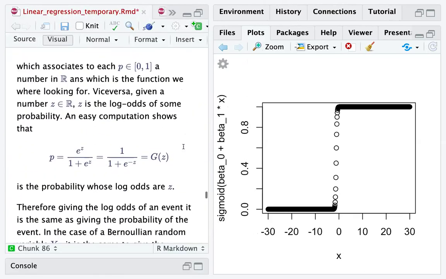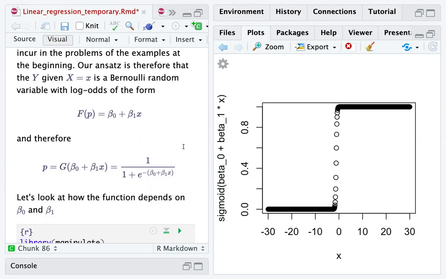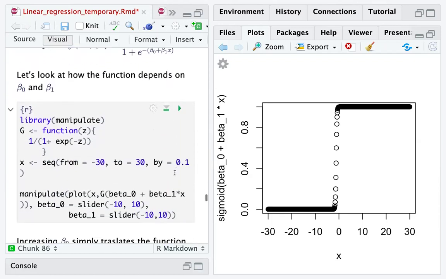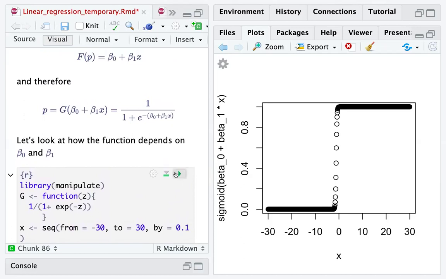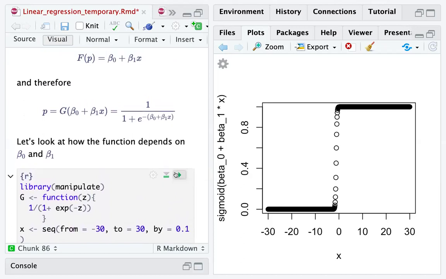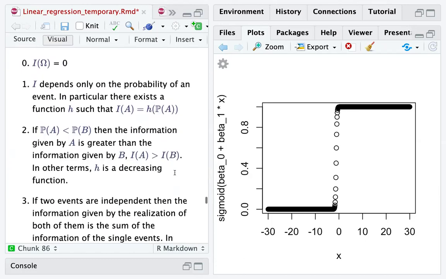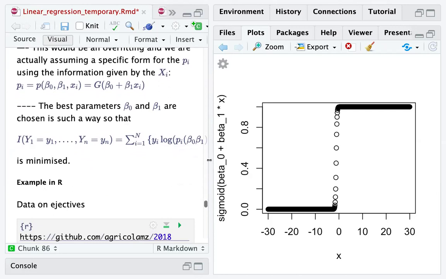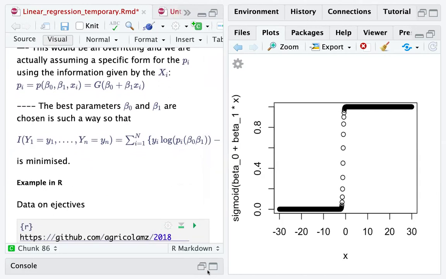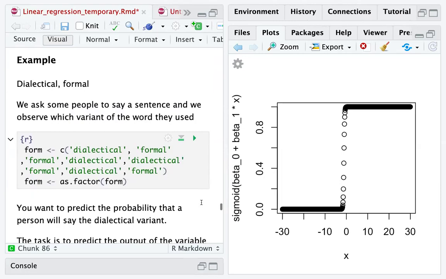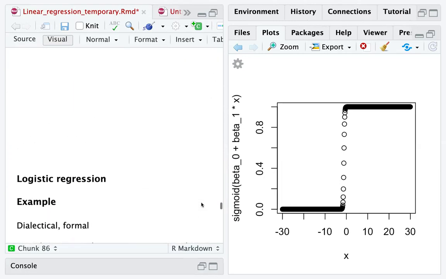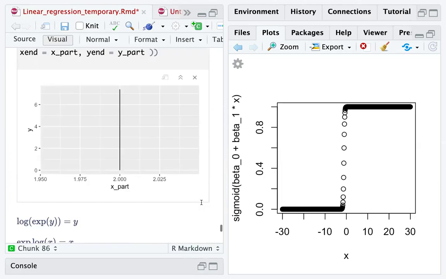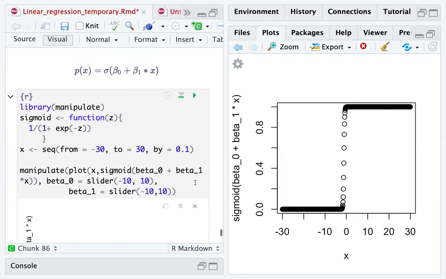I wanted to also explain the way in which we choose this beta 0 and beta 1, which is the maximum likelihood function. But I guess there is no time to do that. It's only mathematics, only computations. It's interesting, but maybe it's better to see some examples.